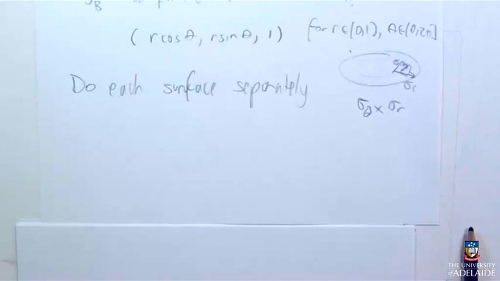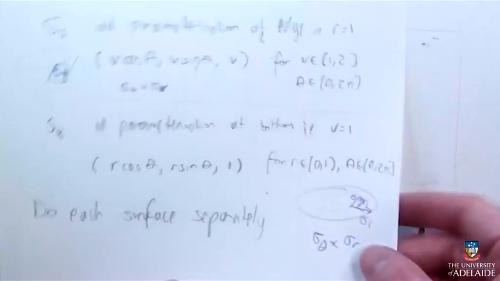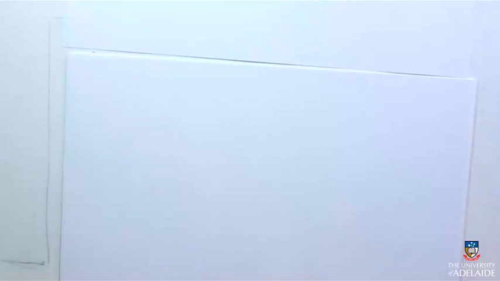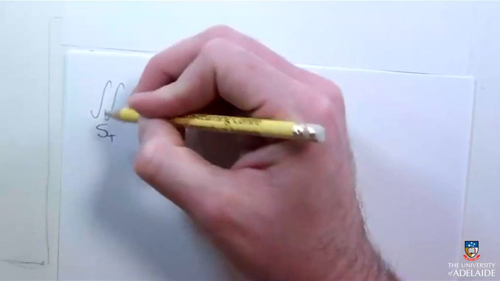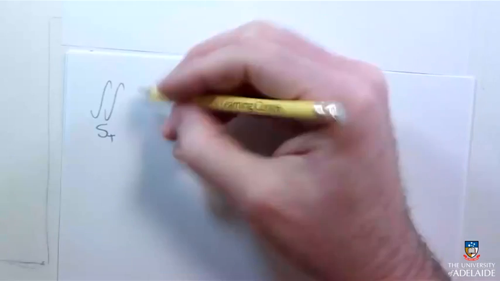Yeah. Yes. So this one down here should be the opposite of that one up there. So I'm going to have to do each separately and do each integral separately. So, surface number one, the top. It's just F dot dS, isn't it?